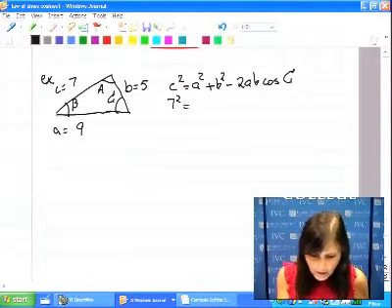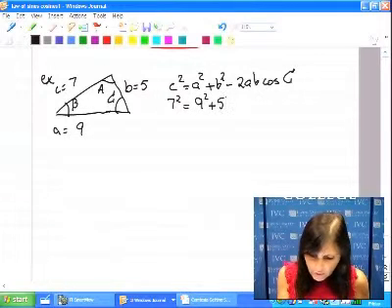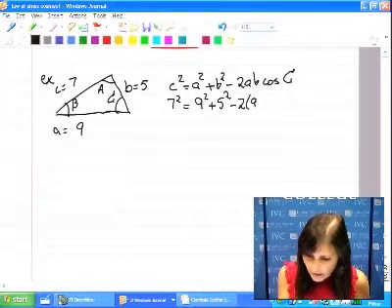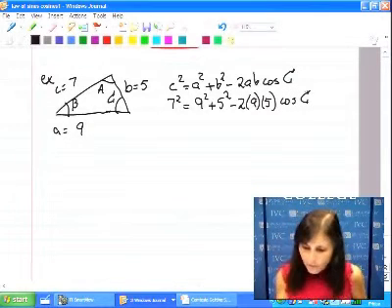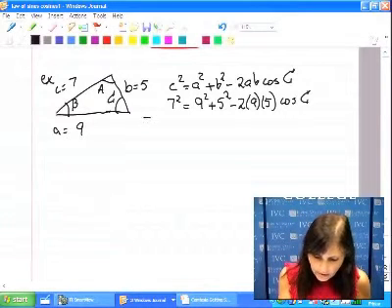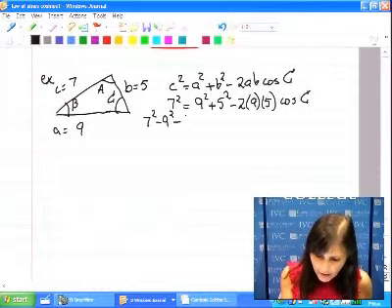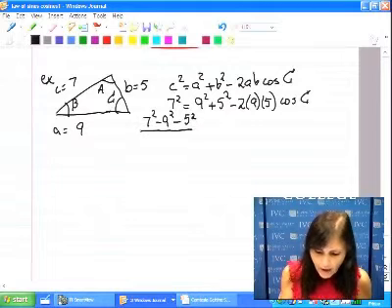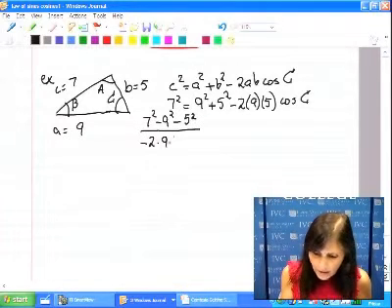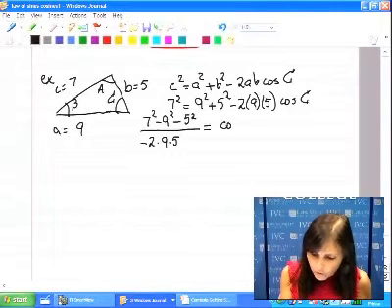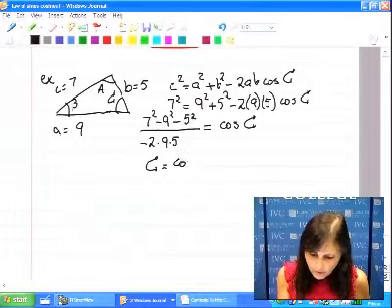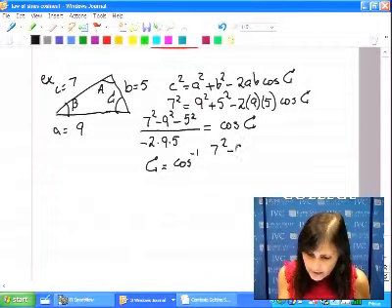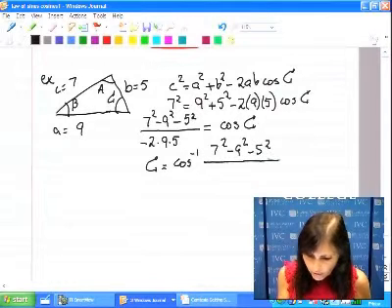C squared is 7 squared, A squared is 9 squared, B squared is 5 squared, minus 2 times 9 times 5 times cosine of C. So let's put those numbers down, and I will get 7 squared minus 9 squared minus 5 squared, that takes care of that, divided by negative 2 times 9 times 5, and that is going to be equal to cosine C. Let's try to get the C. Then it's going to be cosine inverse of 7 squared minus 9 squared minus 5 squared over negative 2 times 9 times 5.